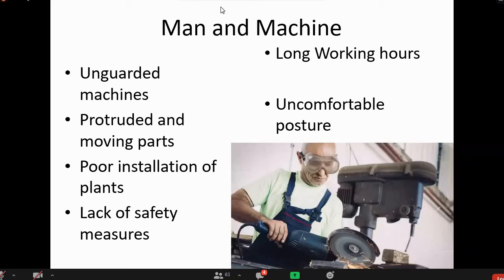For example, even in radiology, how many of you have actually seen people wearing those lead gowns which would protect them from radioactive waves? So it is not being implemented. The lead gowns are there, but the people are very casual and they do not understand. So there should be a regular check on how they are being used.